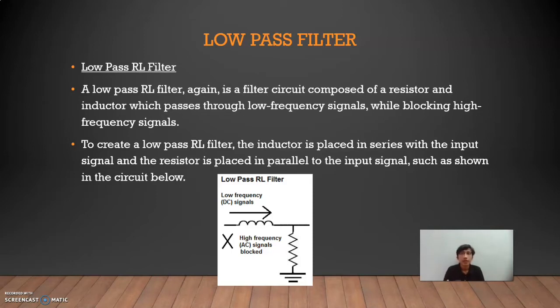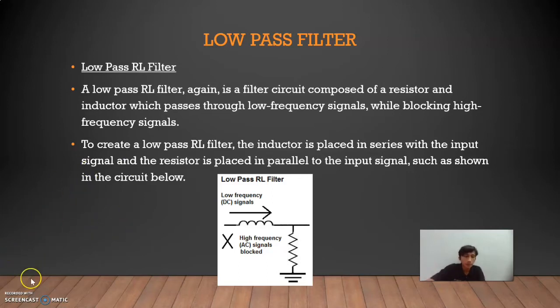So based on this, the RL circuit works effectively as a low pass filter. It blocks high frequency signals from entering and allows low frequency signals to pass through unimpeded.